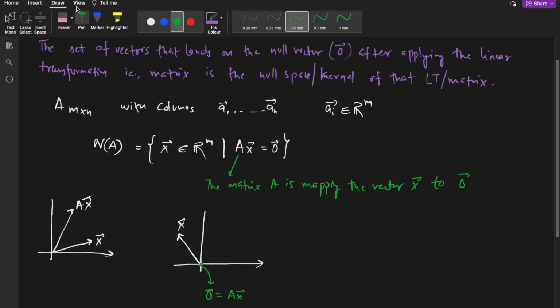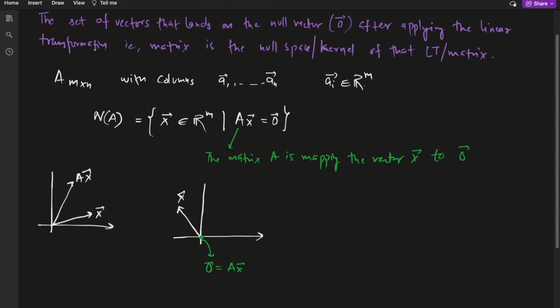It could be possible because the matrix is doing a transformation, moving vectors from one place to another, so some of the vectors are knocked down to the zero vector. The set of all those vectors x, which after applying the matrix A got transformed to the zero vector, or the null vector, is nothing but the null space.